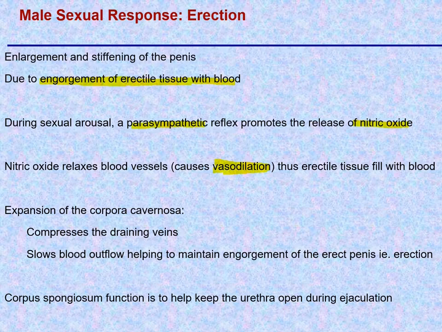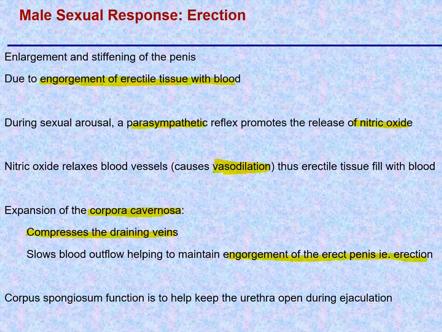Because of the expansion of the two corpora cavernosa, those two cylinders of spongy tissue along the shaft, you get compression of the veins that drain the vasculature of the penis, and therefore the outflow is slowed down significantly. For that reason, the engorgement, swelling of the penis, the erection, can be maintained.